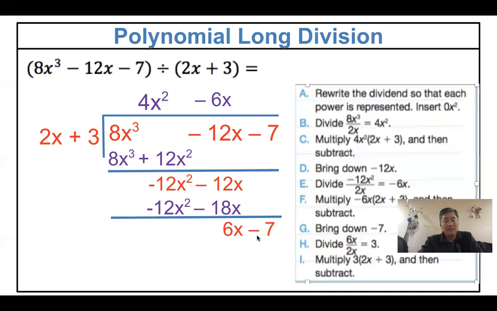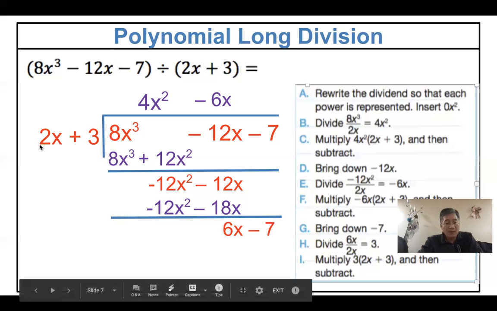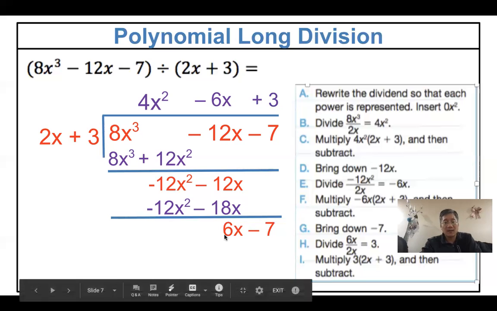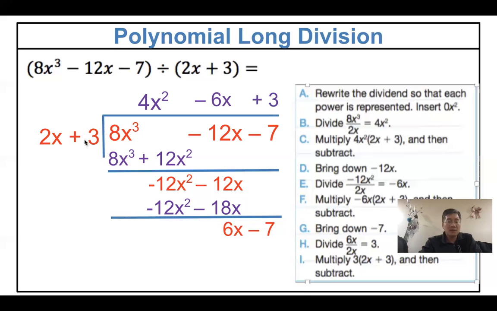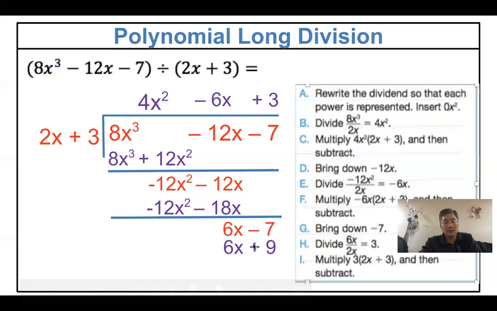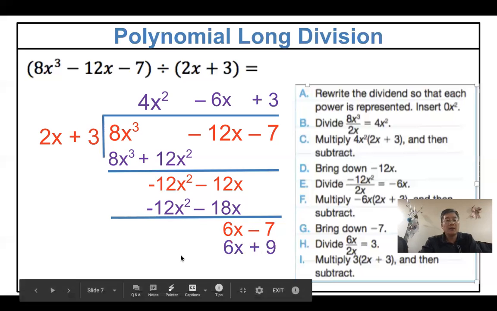Now, finally, 2x times what is 6x? 2x times 3, right? Plus 3. Then 6x, and then you also multiply 3 times 3, which is plus 9. So you write down 6x plus 9. And then you subtract.